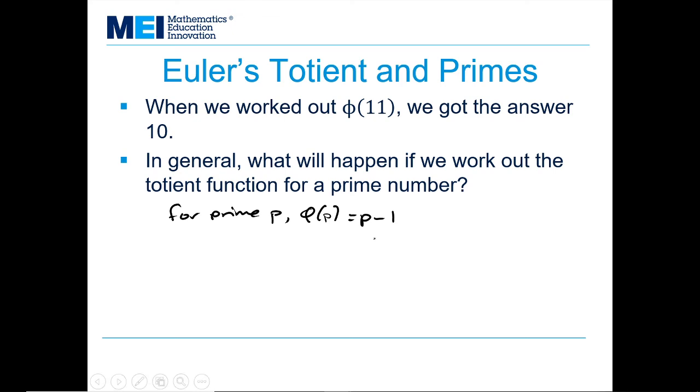So for any number less than p, the highest common factor of p and that number is 1. You might also like to think about what the totient function would be for the square of a prime number. So what would phi of p squared be, or phi of pq, where p and q are distinct primes?